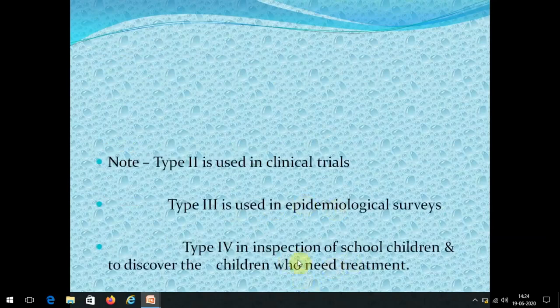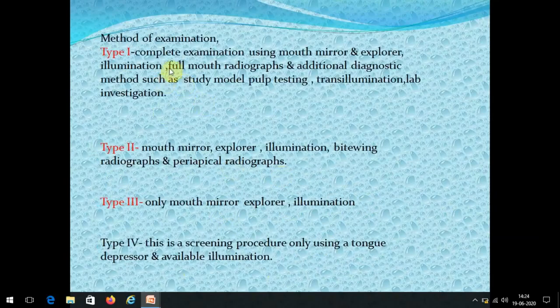Type 4 is just for inspection of school children. So type 4 is screening, type 3 is epidemiological survey, type 2 is clinical trials, and type 1 is the most accurate and most complete examination. Type 1 is the complete one, and type 4 is the minimalistic one.